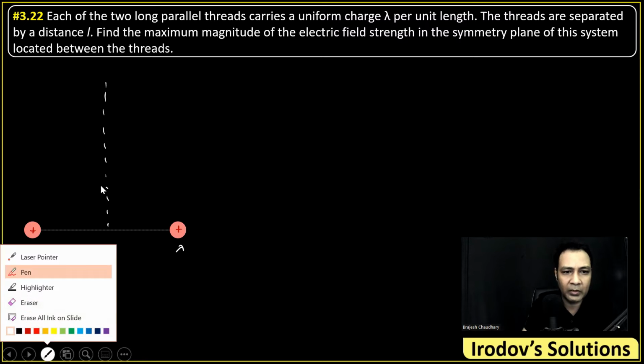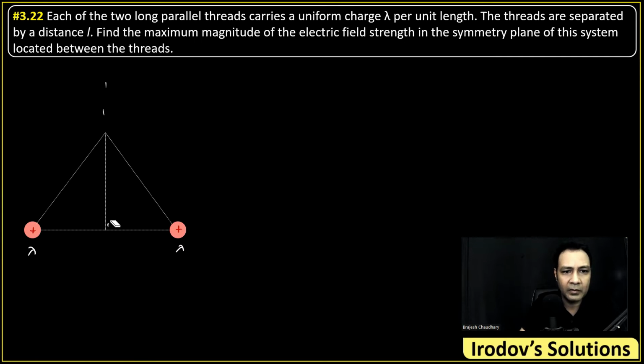First of all, let me take a general position. The distance from each wire to the line is L by 2, and suppose this distance is y.